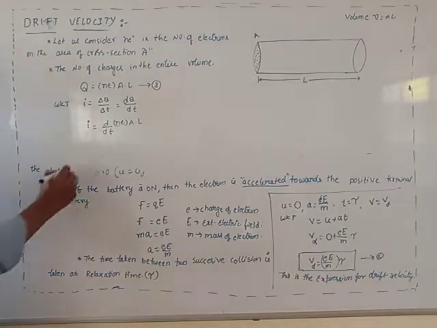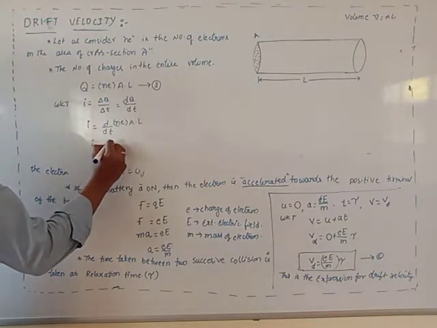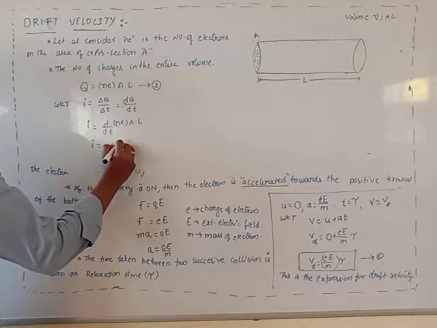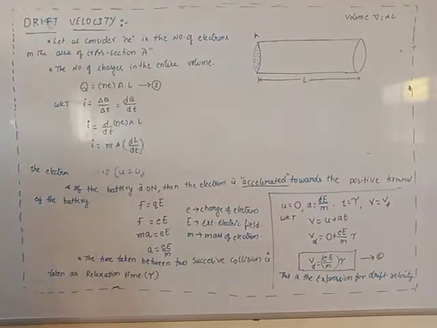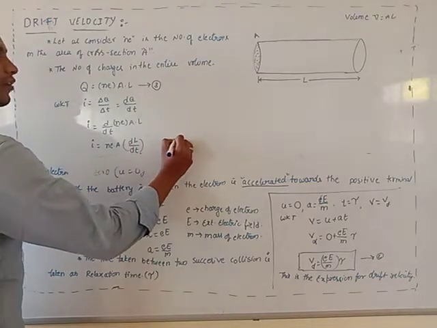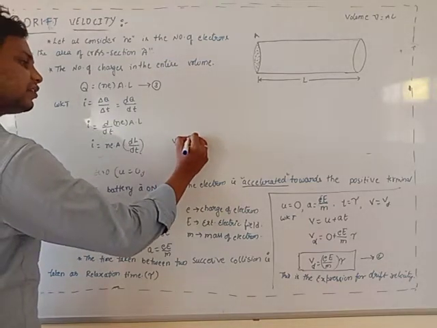Now listen, I is equal to NeA, which I will take as common, into dl by dt. That dl by dt, from equation number 1, you can say is the drift velocity.